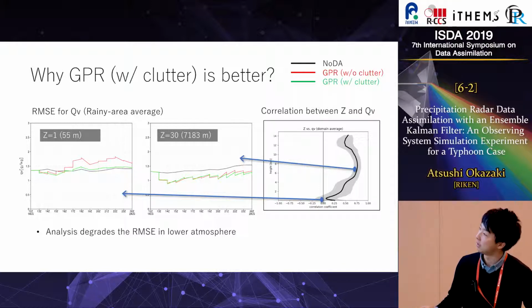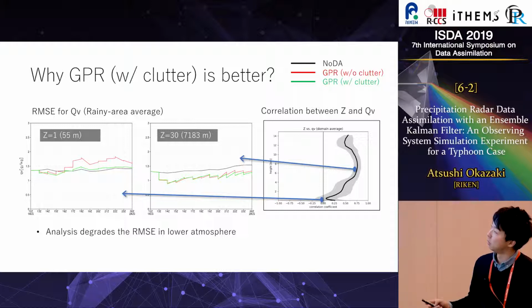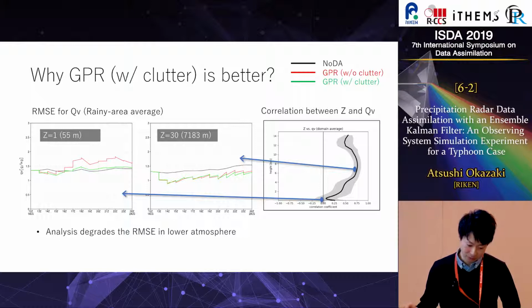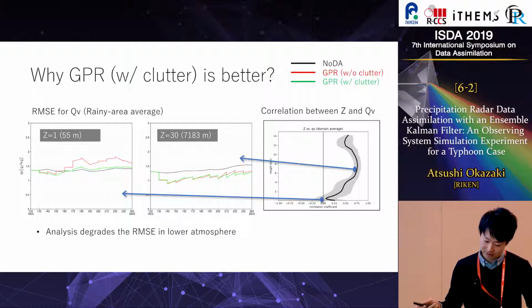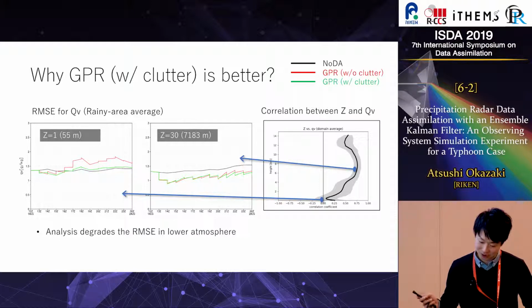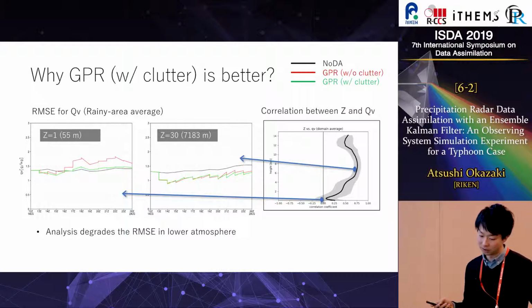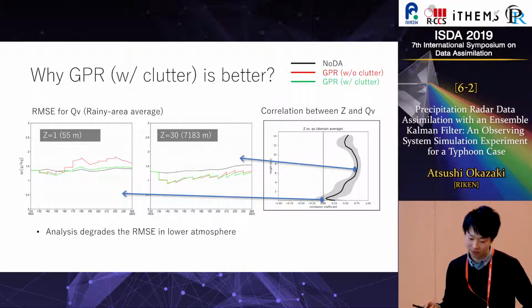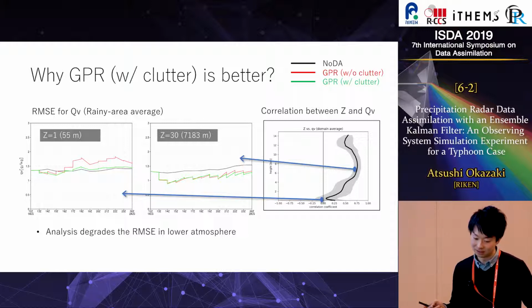It shows that the assimilation of reflectivity at low altitude is detrimental. But the correlation is high for the middle or upper troposphere, and the RMSE decreases in the analysis step, so that's reasonable. What I want to say here is that reflectivity at the lower atmosphere is detrimental, and a better result from not assimilating those detrimental observations is reasonable.